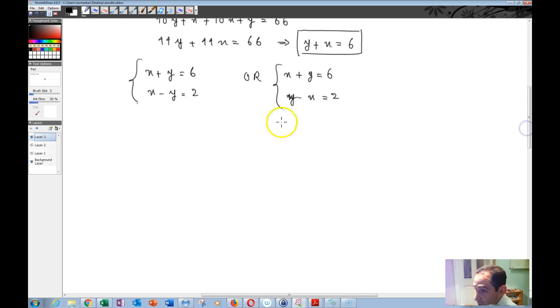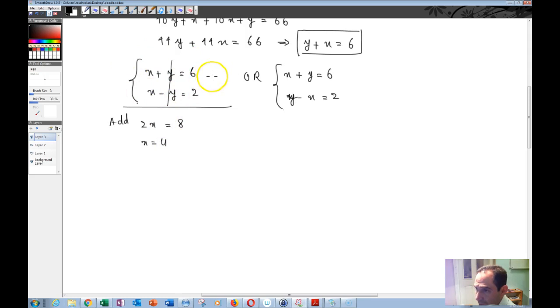If you want to use the method of elimination, it's easy because you see over here you have y and minus y. You can simply add these two equations together, and then your y's will cancel out. You'll get 2x is equal to 8, and x is equal to 8 divided by 2, which is 4.